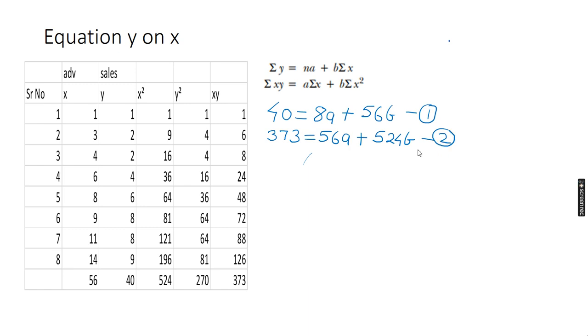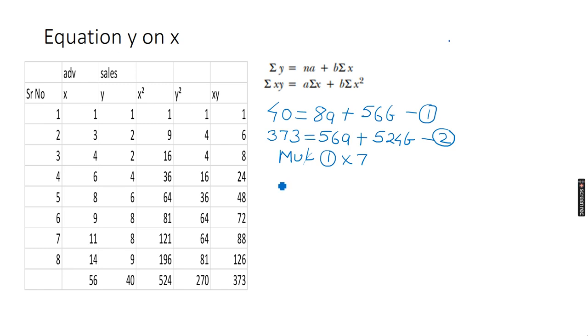Now in your class 5, you must have learned how to solve linear equations. Now if you have two unknowns A and B, you need to make at least one unknown equal. So if I look at the factors for 56 and 8, we can make equation 1, 8a, as 56a by multiplying throughout by 7. So multiplying equation 1 by 7.